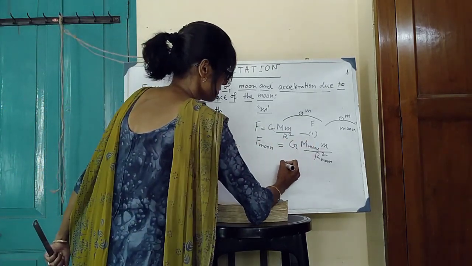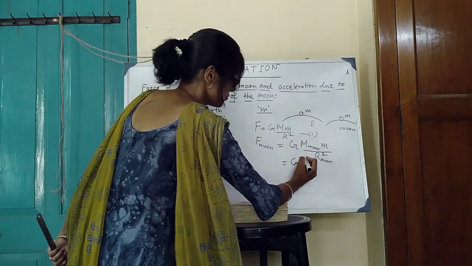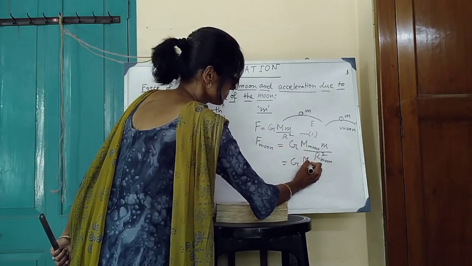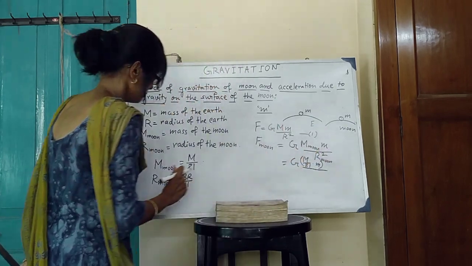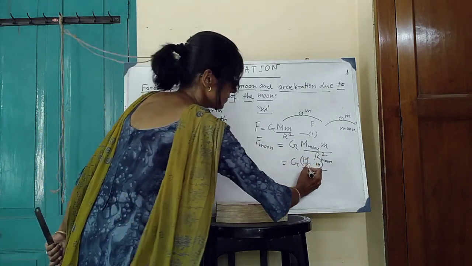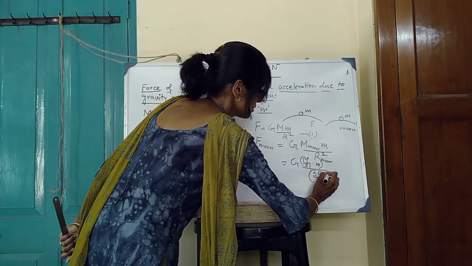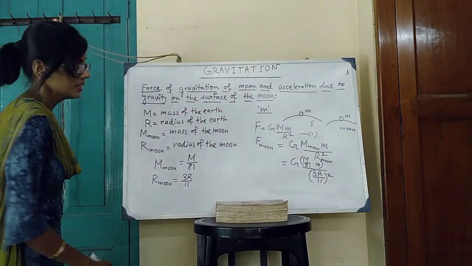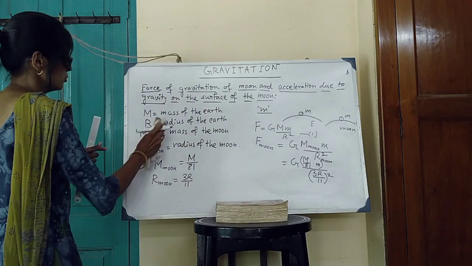Put the values. G big M moon means M by 81, small m numerator. R moon means 3R by 11, 3R by 11 whole square. This is the force of attraction between the body and moon.